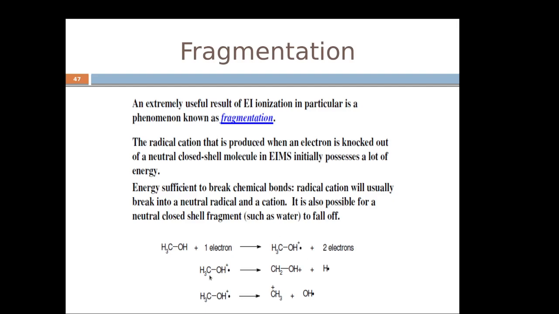This radical cation, since it possesses a lot of energy, could form either the cation CH2OH+ by removing a hydrogen radical from the species, or it could form a methyl cation, CH3+, and a hydroxyl radical. So there are a lot of possibilities like this.